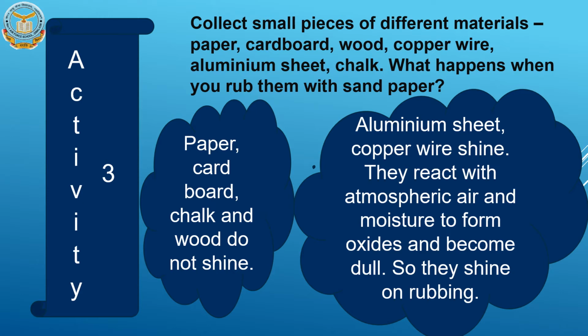For example, paper, cardboard, chalk, and wood. The other group contains objects which shine, like aluminium sheet and copper wire. They react with atmospheric air and moisture to form oxides and become dull. So they shine when we rub sandpaper on them.